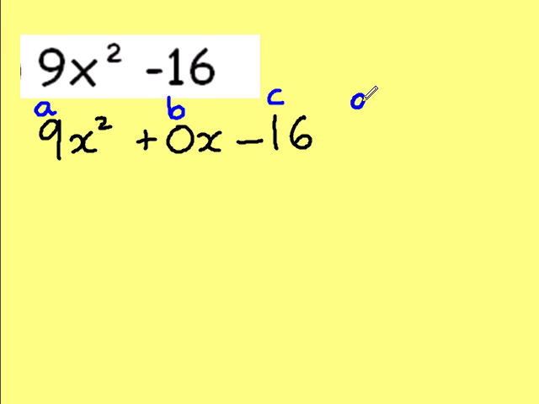The AC number I'll find by multiplying 9 by minus 16, and 9 multiplied by minus 16 is minus 144, and some of you probably recognise 144 as a square number.